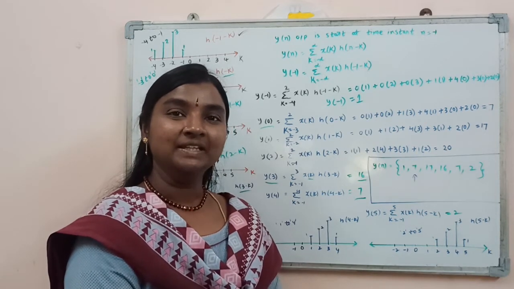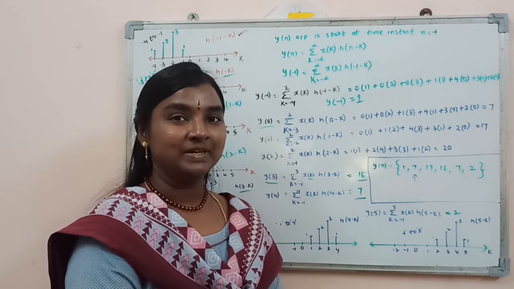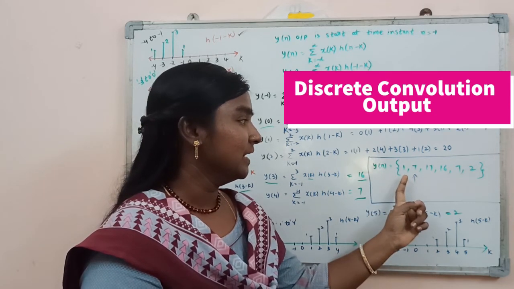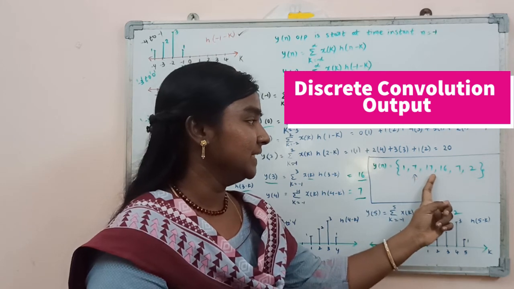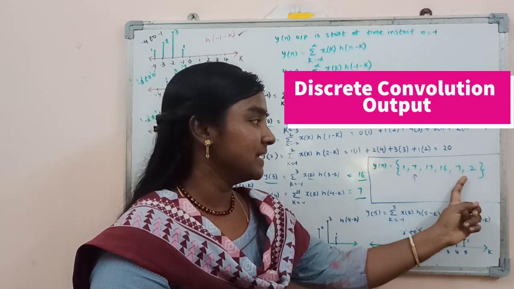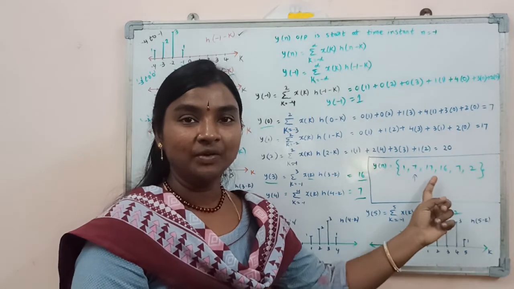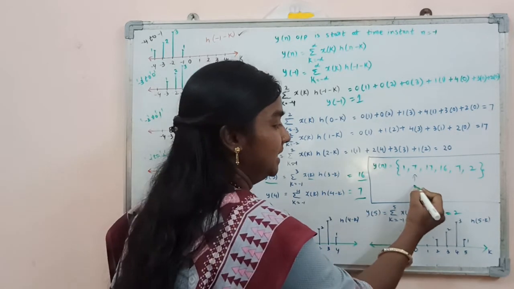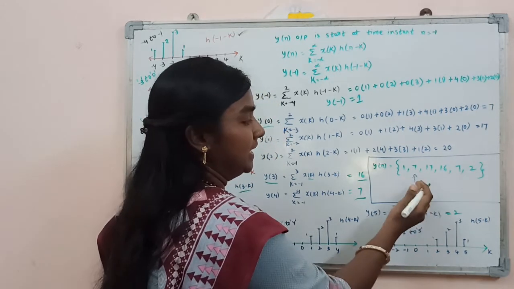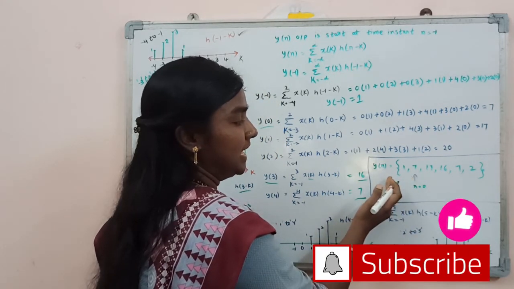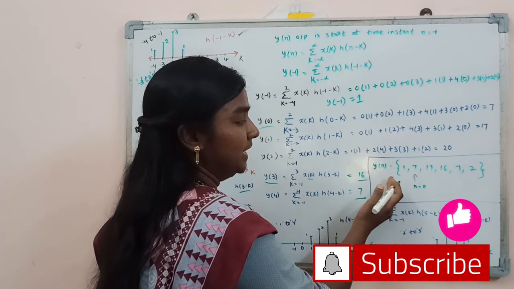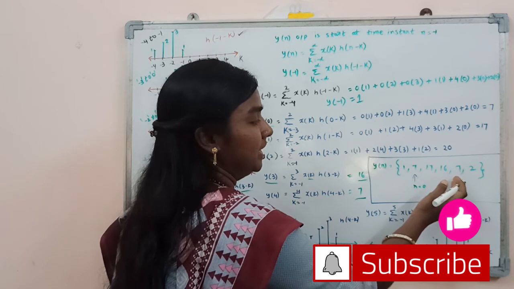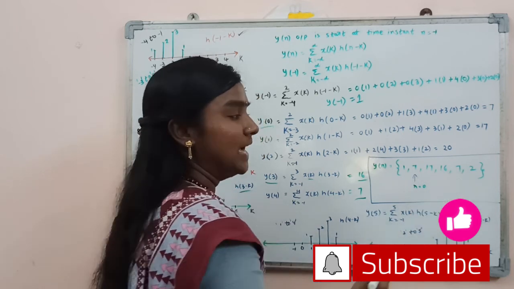Now finally, the output sequence y of n for the considered example, the y of n amplitudes are 1, 7, 17, 16, 7, 2. Now here, this arrow mark represents the amplitude at the time instant n equal to 0, and arrow mark left side amplitudes are going to be negative time instant amplitudes. Arrow mark right side amplitudes are going to be positive time instant amplitudes.